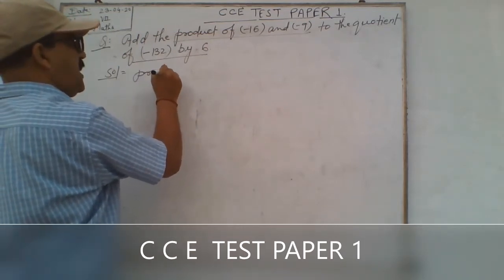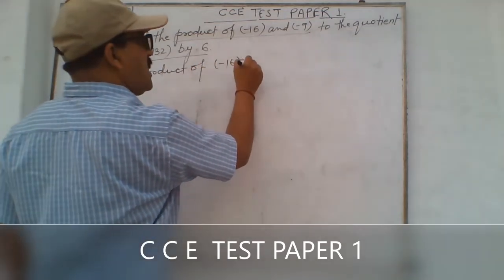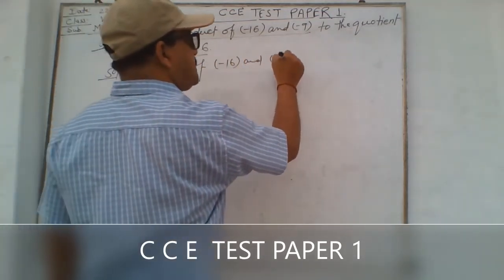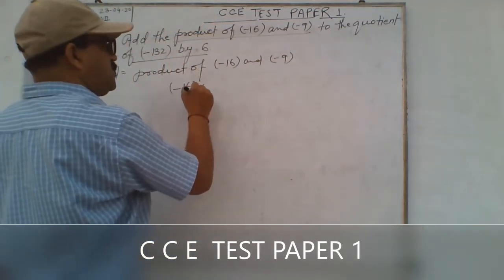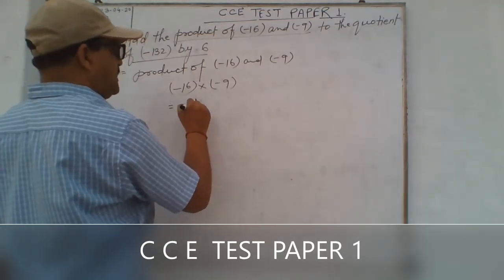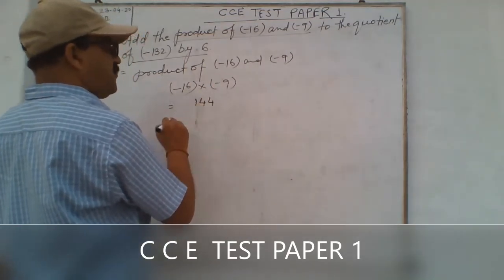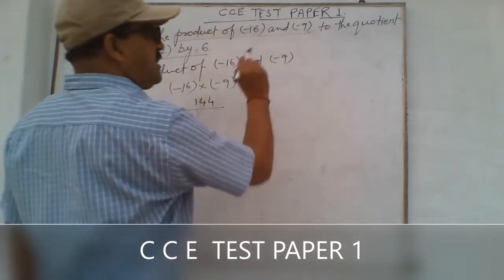At first we have to get the product of minus 16 and minus 9. Minus 16 into minus 9. Minus times minus is plus, and 16 times 9 is 144. This is the product of minus 16 and minus 9.